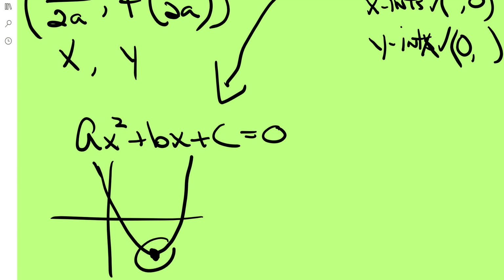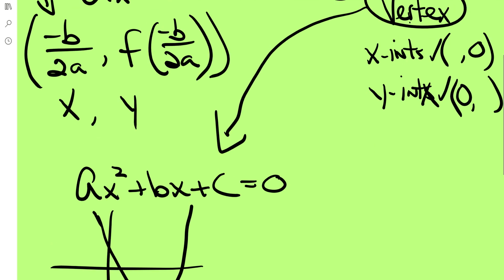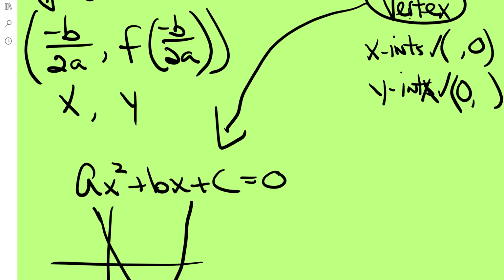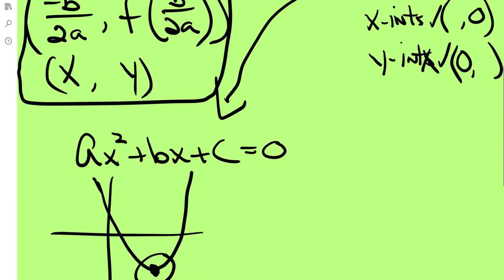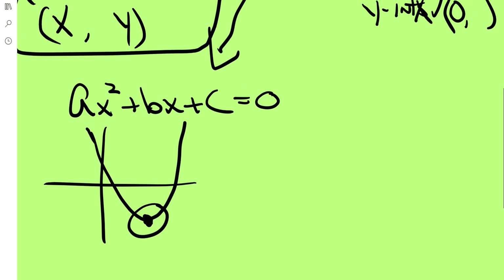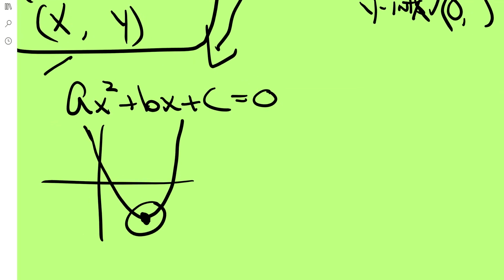That's the 1 point that's represented by x, y. This is how I figure out my values, and I end up with x, comma, y, whatever those values happen to be, represented by this point here.